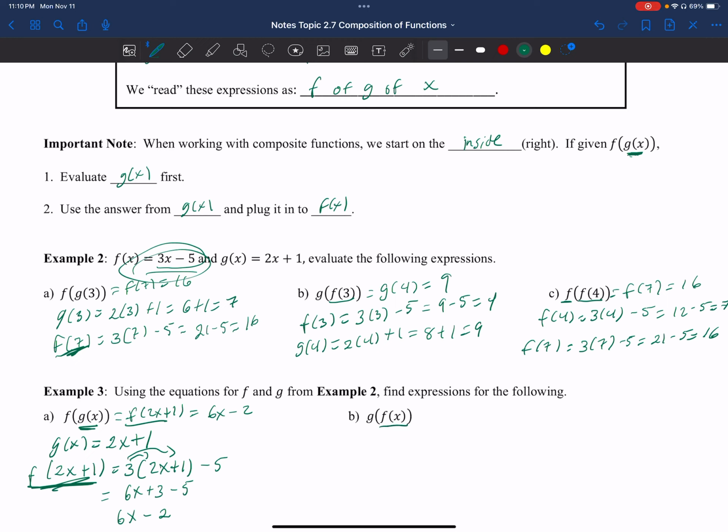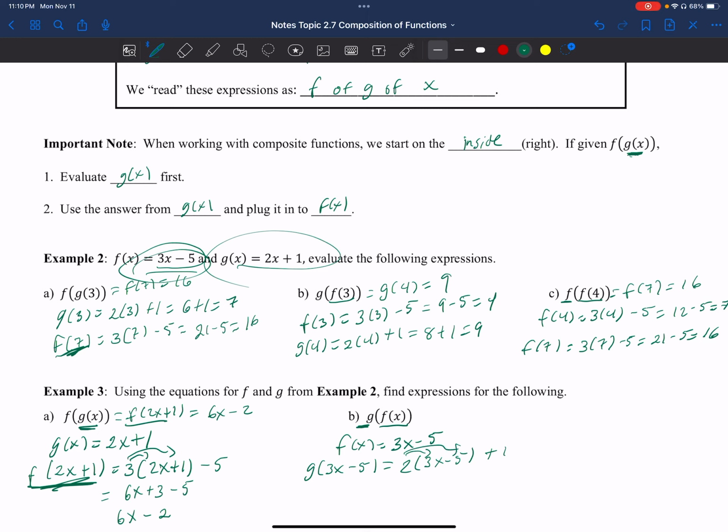Okay, for the next one, start with the inside. I know that f of x was given to me, which is equal to 3x minus 5. And then I'm taking that and I'm plugging it into my outer function, which is g. So I'm looking for g of 3x minus 5. So when I plug it into g, I get 2 times 3x minus 5 plus 1.